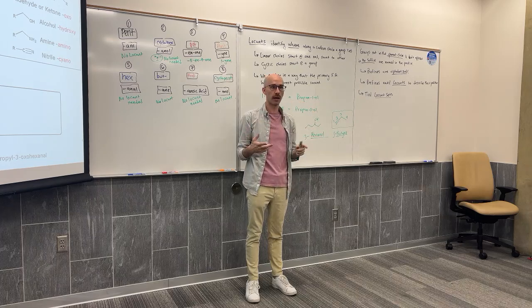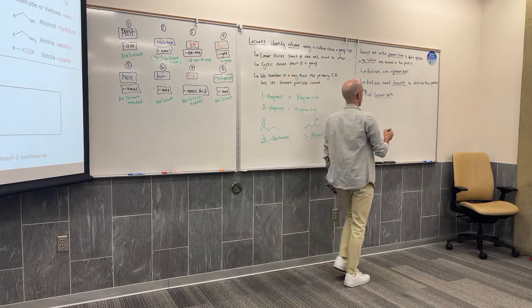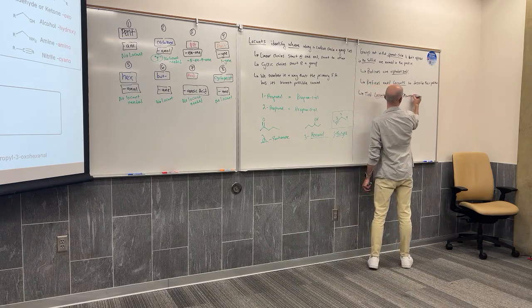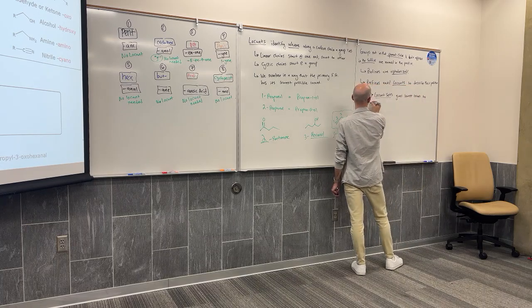There's got to be one correct answer. We call that a tied set of locants. We give the lowest locant to the first alphabetically.